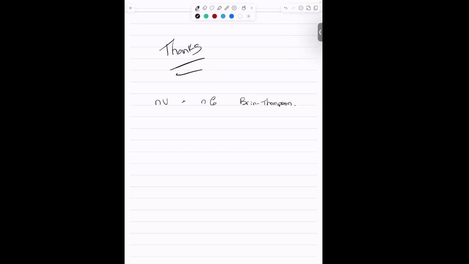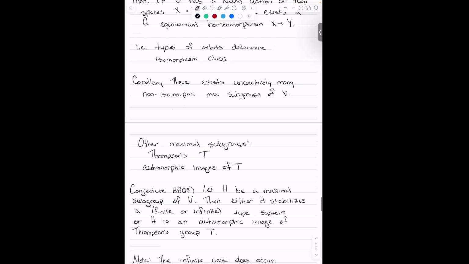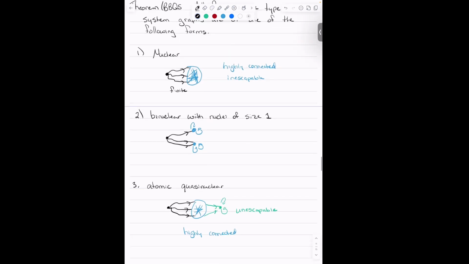All right. Other comments or questions? Can you maybe comment on how you show this classification of finite type systems? Really, it's about trying to figure out what types of conditions... So basically, when you're looking at these graphs, you have these three types of graphs. Basically what you're looking at is what are the conditions that ensure that if you attach two of the colors together, it causes everything else to collapse.